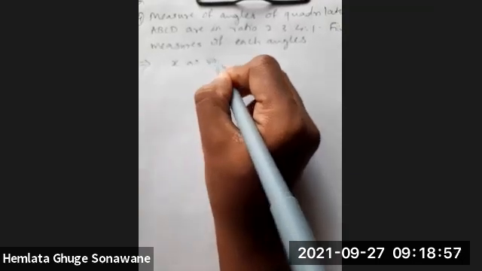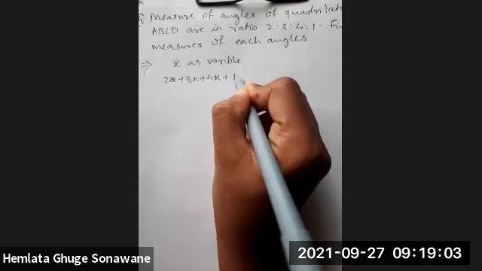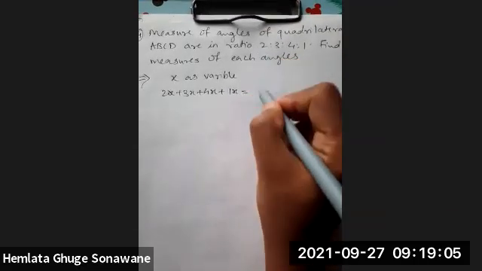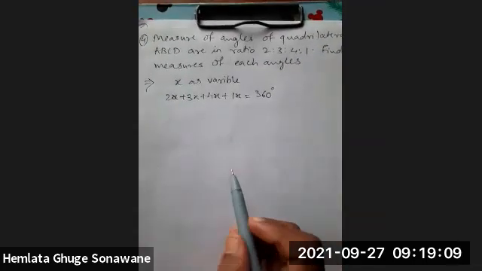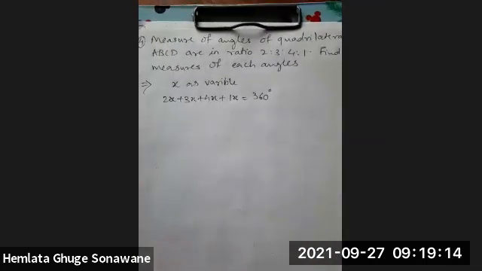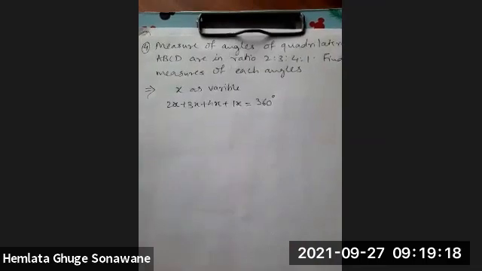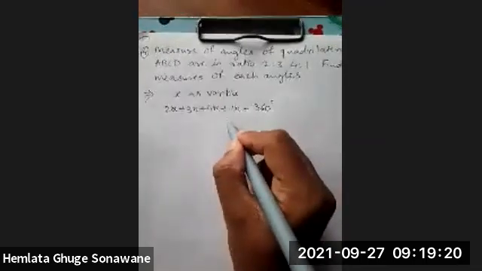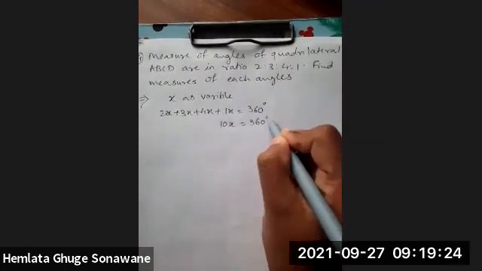So we'll write 2x plus 3x plus 4x plus 1x is equal to 360 degree, as all the angles sum to 360 degree. Add this: 2x plus 3x plus 4x plus x becomes 10x is equal to 360 degree.